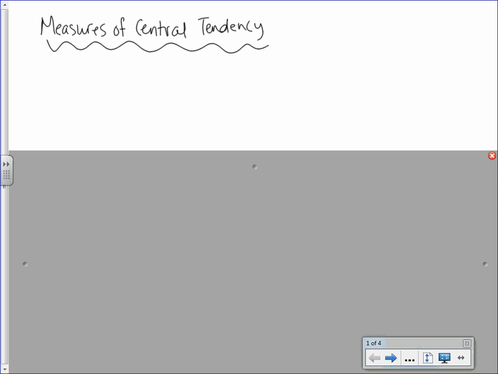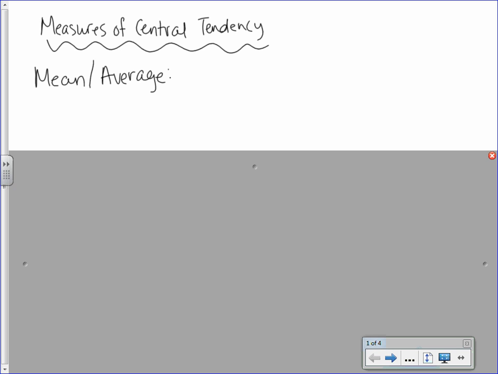The first measure of central tendency that you probably learned was the mean, or what we all usually say is the average. Sometimes it's called the arithmetic mean, because there are other types of means, but you guys are probably just good with the mean or average.